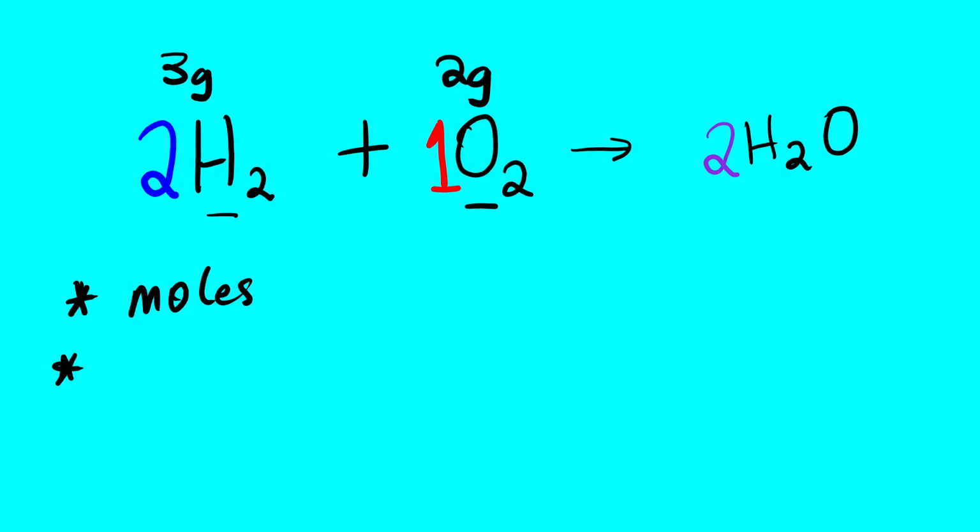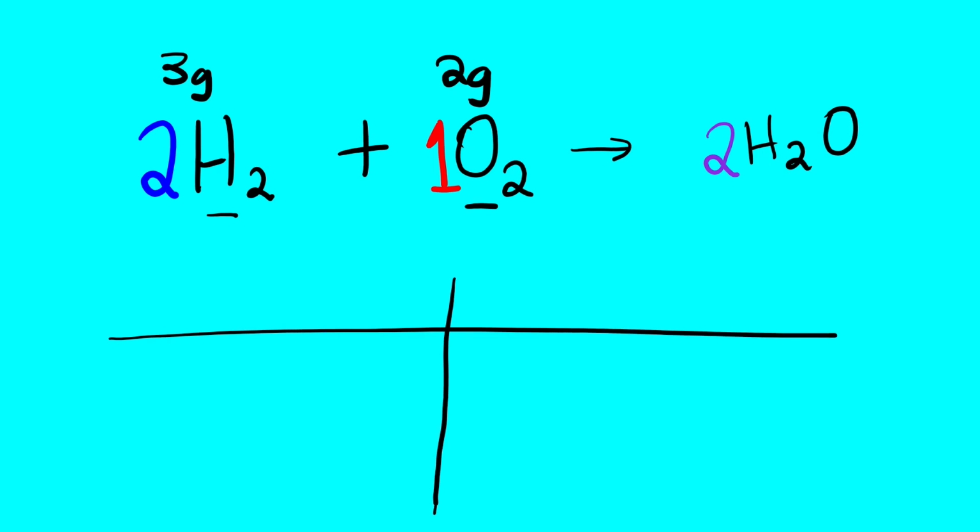We are going to calculate for both of them, and then the last step we conclude which one is the limiting reagent. So we need to calculate the number of moles. I will simply tabulate. We are dealing with hydrogen this side, and this side is oxygen.